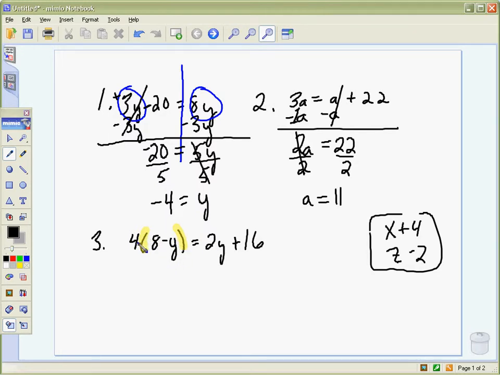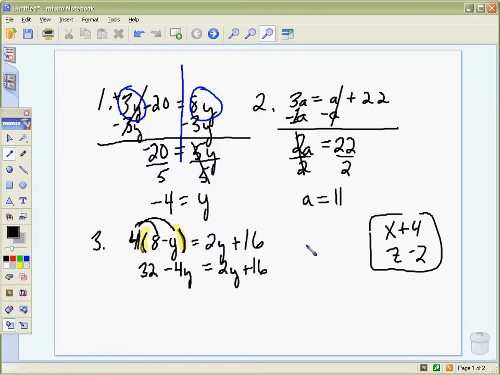What happens is this 4 is right outside the parentheses, which indicates multiplication. So we want to use the distributive property and distribute 4 inside the parentheses, multiplying it to each term inside. 4 times 8 gives us 32. 4 times a minus y gives us a minus 4y equals, bring everything else back down.